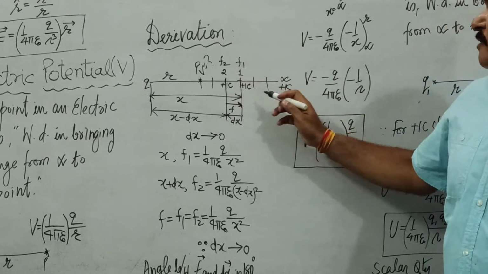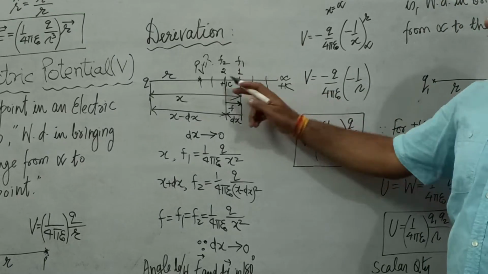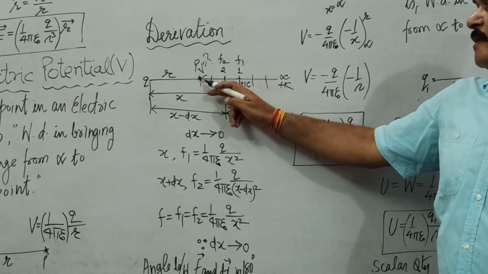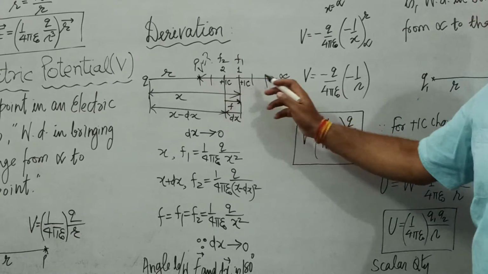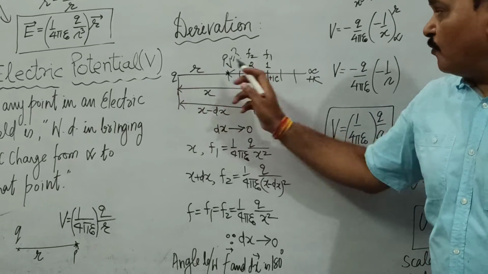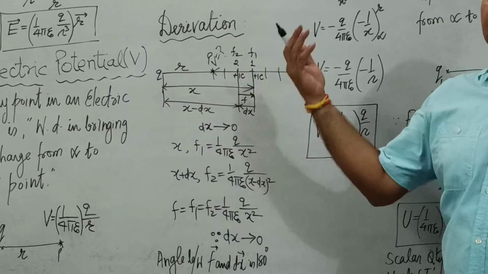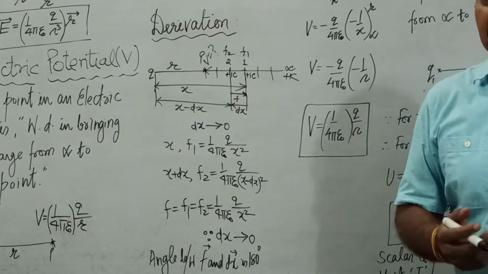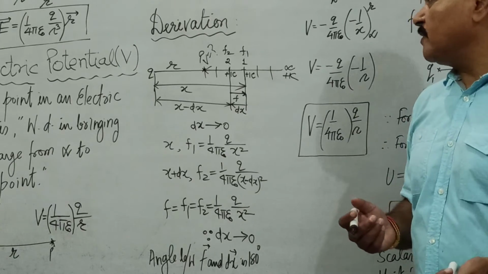So what do we do? We bring a unit charge from infinity to this very point, and as this charge approaches this particular charge, the force acting over this charge increases. Force is a variable. So what is work done by a variable force?